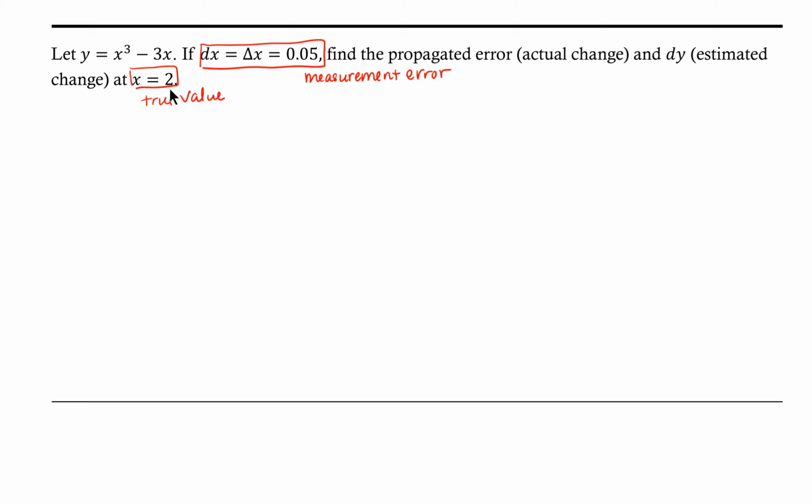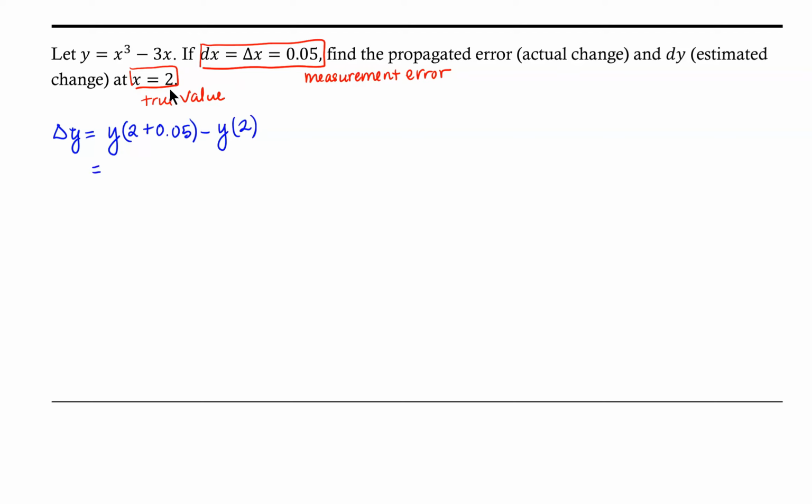So what we're going to do is say that the true change in the y value is equal to y at the measured value, so the 2 plus the error in the measurement, so 2 plus 0.05, minus y at the true value.